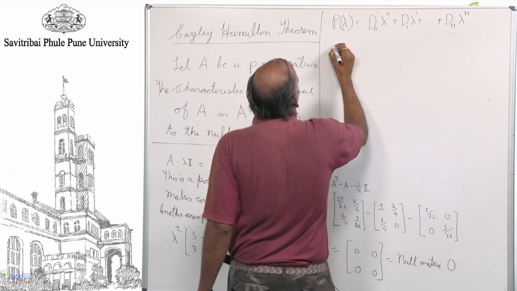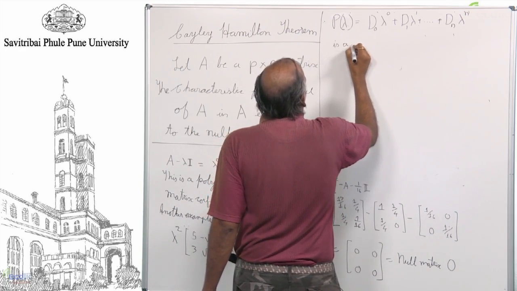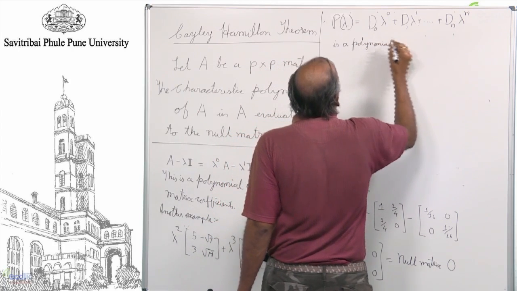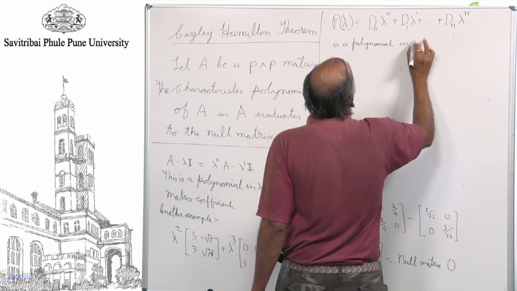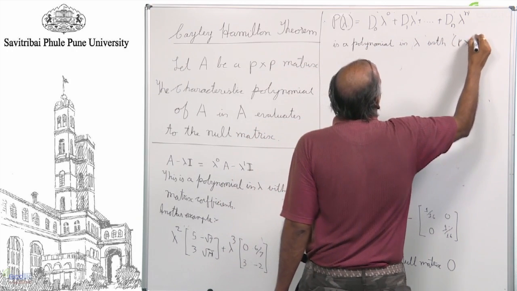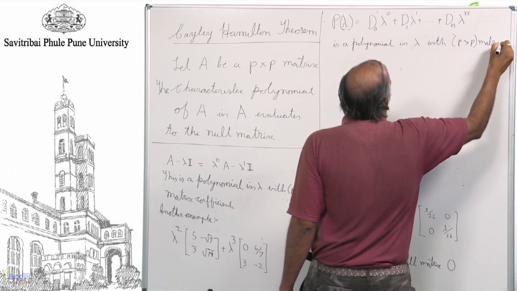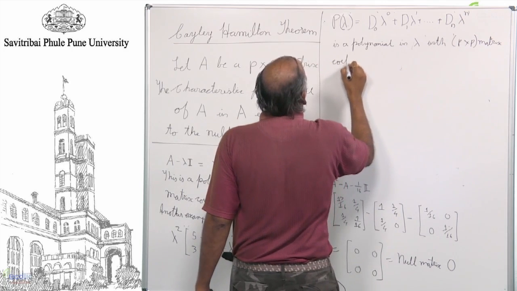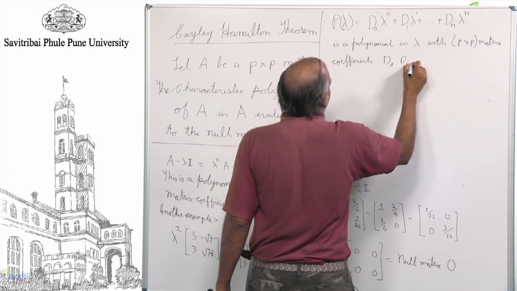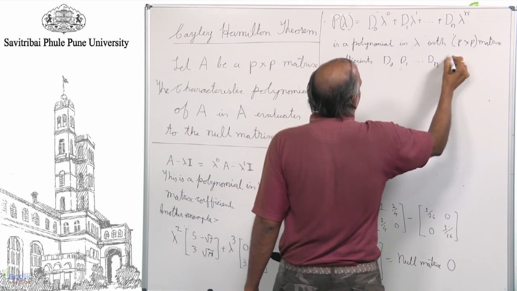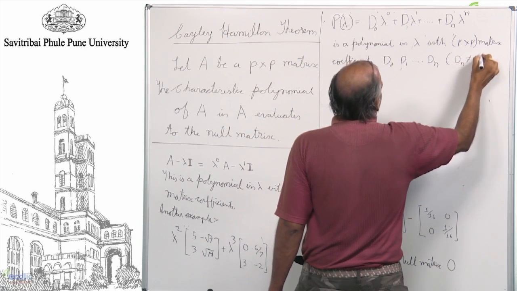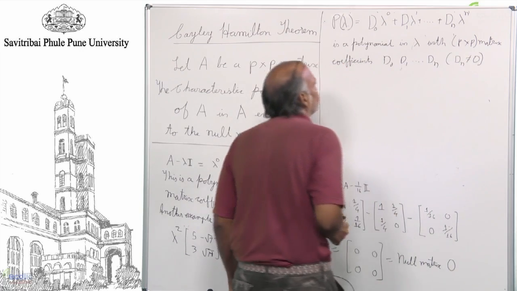It is a polynomial in lambda with p by p matrix coefficients d0, d1 to dn, and we assume that dn is not equal to the null matrix.